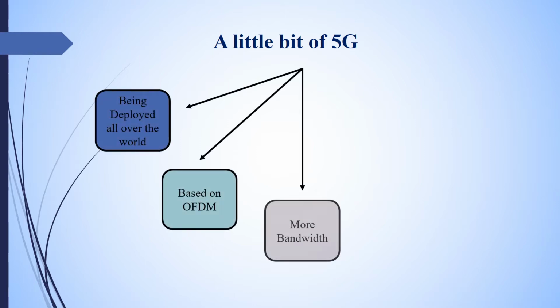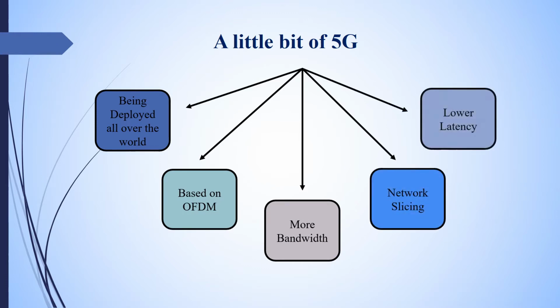First of all, 5G is being deployed all over the world due to its increased generation. It is a successor of 4G. Obviously it has to provide some new functionality that 4G cannot provide. First of all, it is based on OFDM.